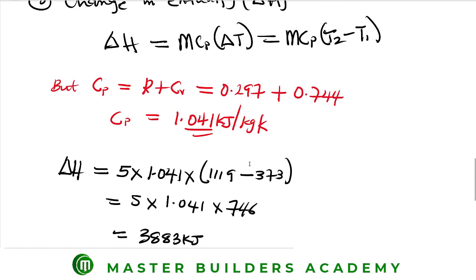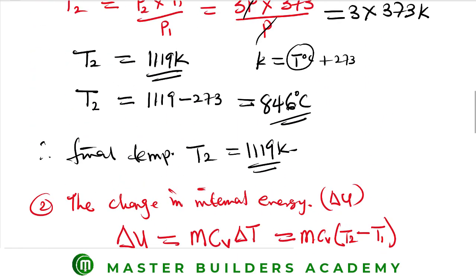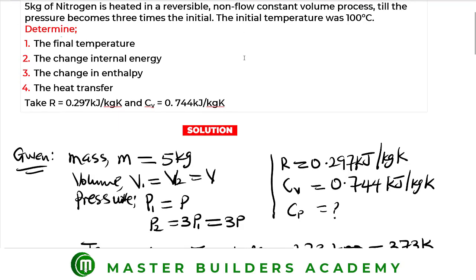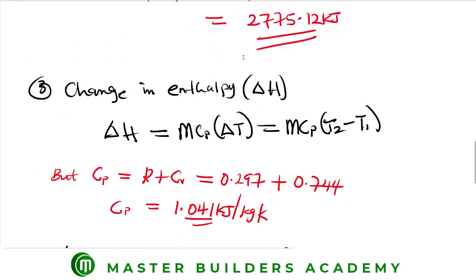Now finally, if we move up to question number 4, we are asked to find the heat transfer at constant volume process. Remember, work done is 0, right? So in this case now, let's put down Roman figure 4.